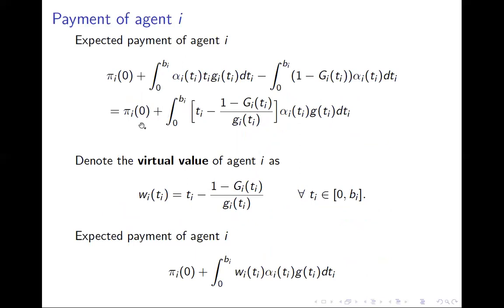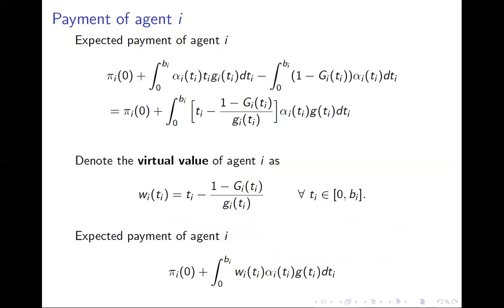Which gives you pi i 0 plus the integral from 0 to bi of this particular term. The way I have done this is, I have taken alpha i gi common here, and that gives you ti minus (1 minus Gi(ti)) divided by gi(ti).